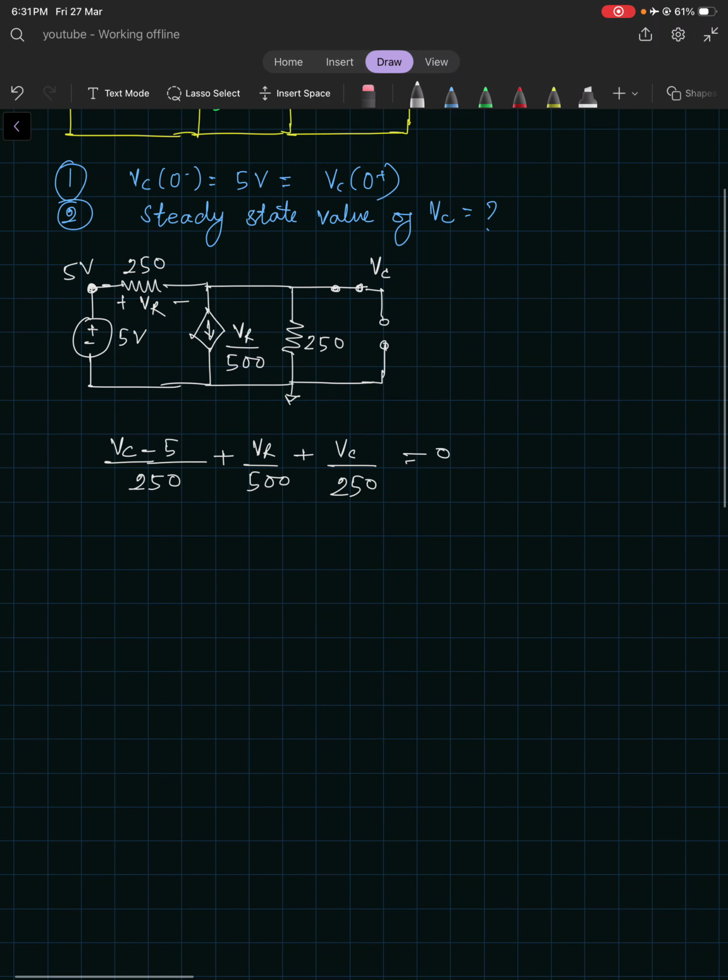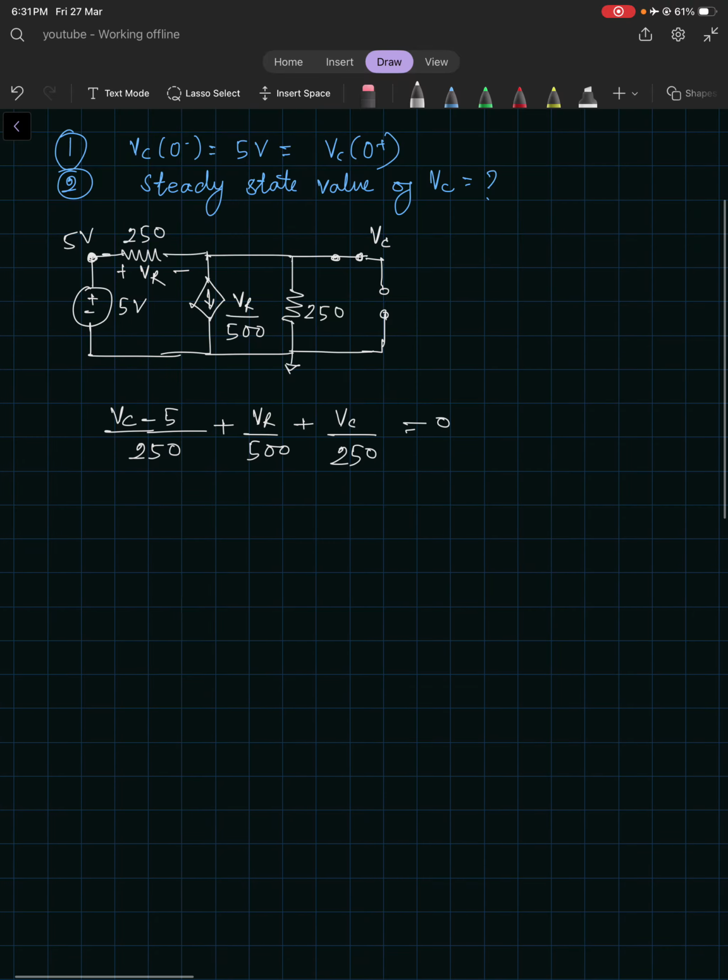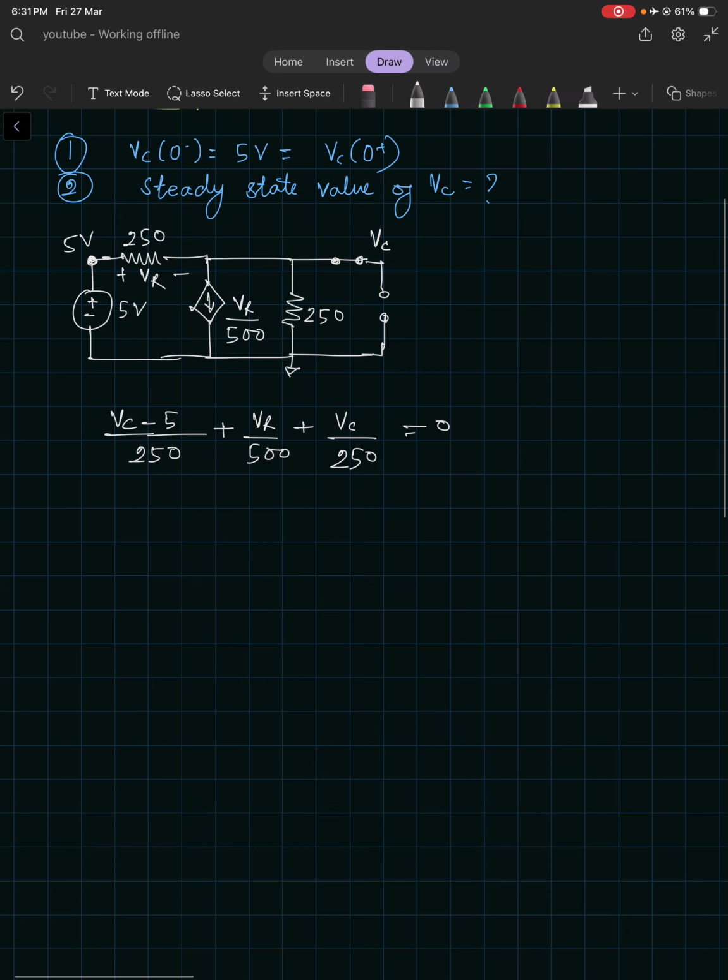The summation of all the currents is going to be 0, that is, the incoming current is equal to the outgoing current. You all are aware of that. This is equation number 1.